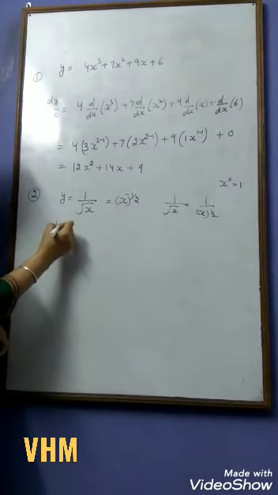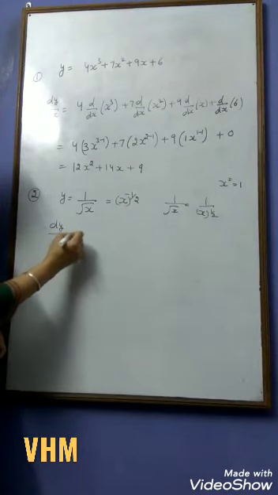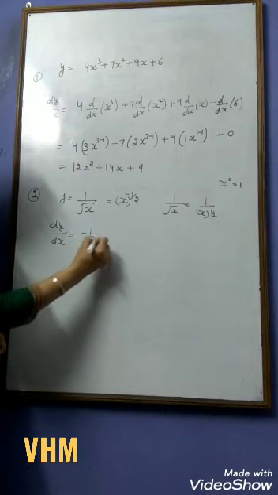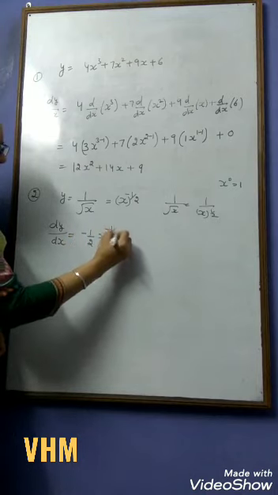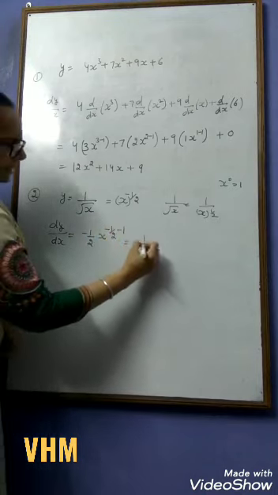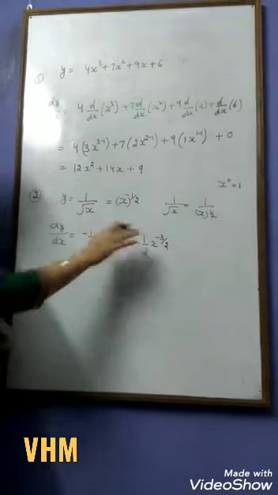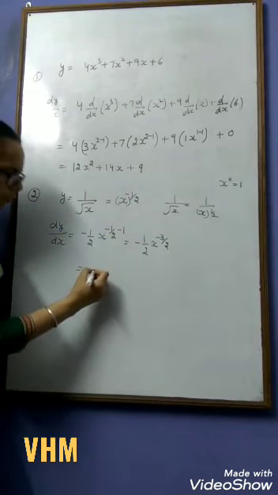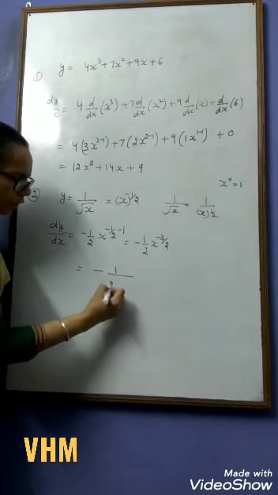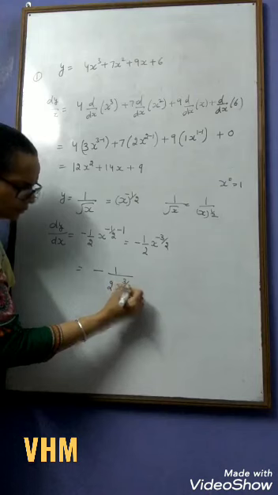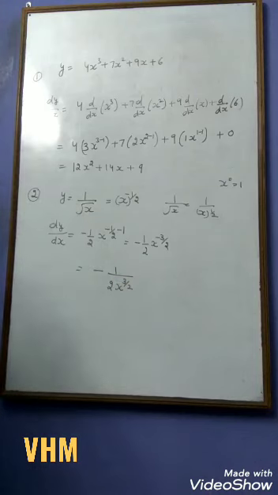Again you apply the formula: dy upon dx = -1/2 x^(-1/2 - 1), and -1/2 - 1 is -3/2. Leave it here, or you can write -1 upon 2x^(3/2). This can be written like this.